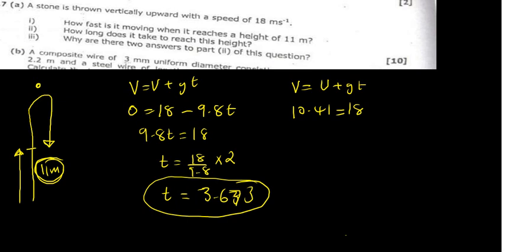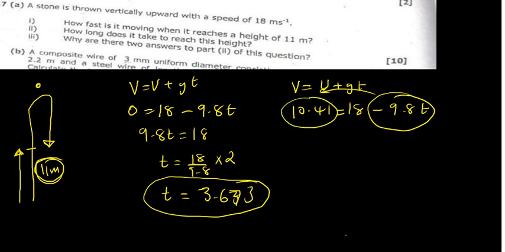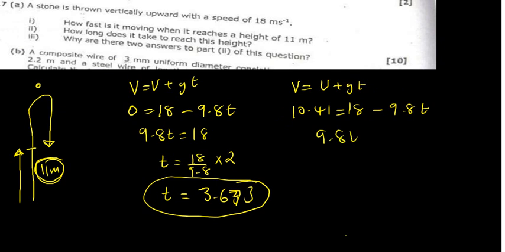Because the stone is going up, it will be negative 9.8 t. So I'm going to take this term to this side, and take the other term to the other side, more like arranging like terms. 9.8 t is equal to 18 minus 10.41, and then we divide both sides by 9.8.